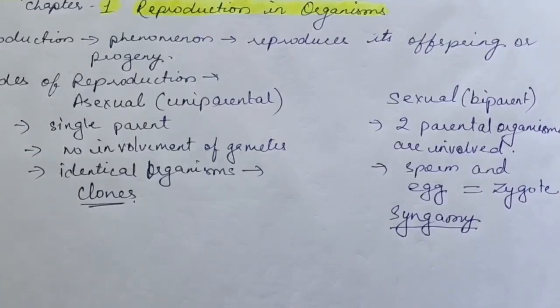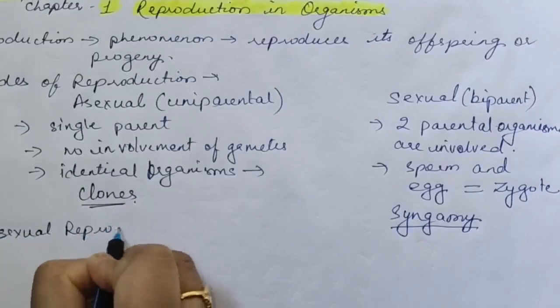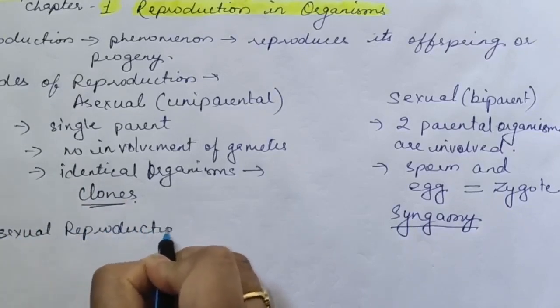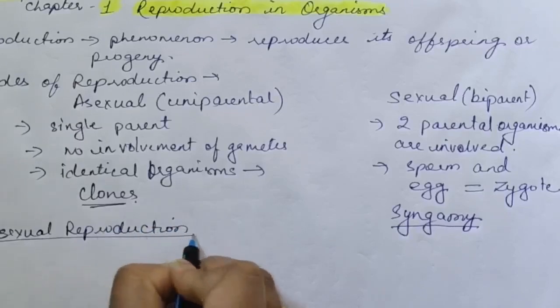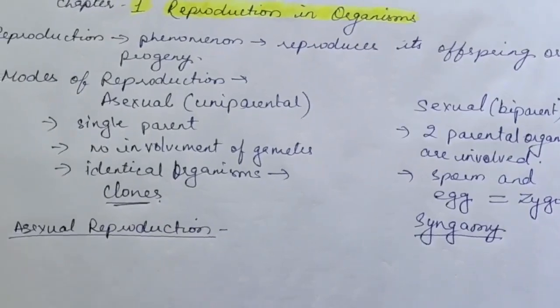Now let us take both the modes one by one and we'll discuss this. Asexual reproduction can be carried out by organisms in different ways. This we have already studied in 10th standard, but we have to revise it. We will just recapitulate once more.